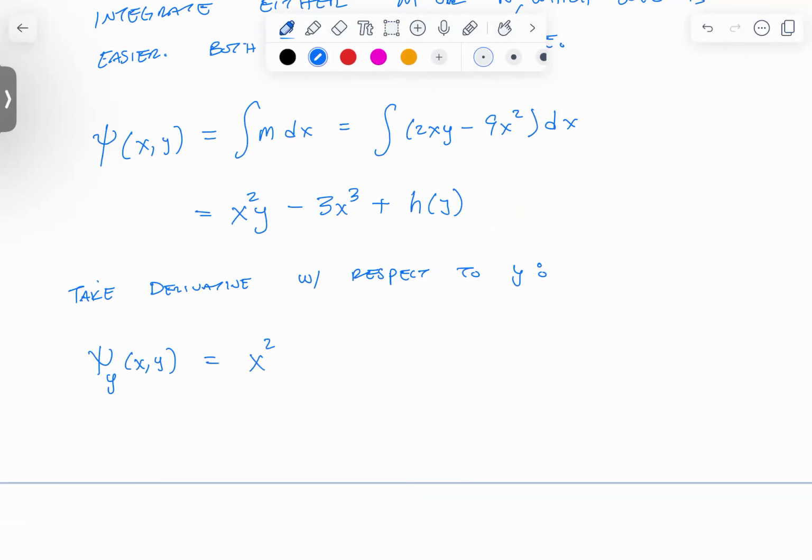So let's see, x squared stays, the negative 3x cubed goes away. And then what's the derivative of h of y? H prime of y. So again, we just have to keep track of whether we're doing derivatives or integrals.